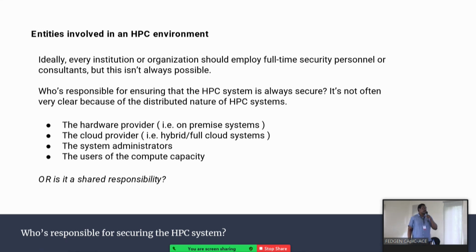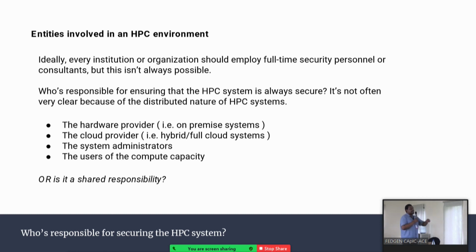Most organizations will have a full security outfit, that is, security professionals that are constantly monitoring the hardware, the software, the network, and everything. But it's not always so. More realistically, what you have is a system administrator who is also trying to secure the network that they're in charge of.